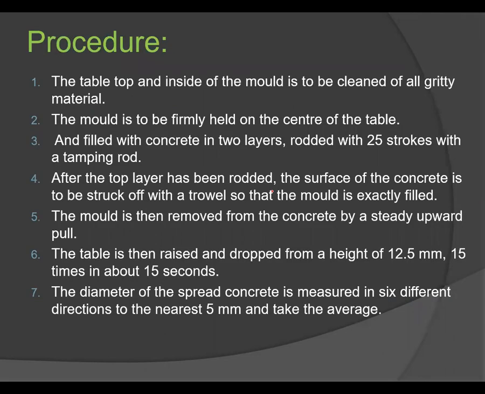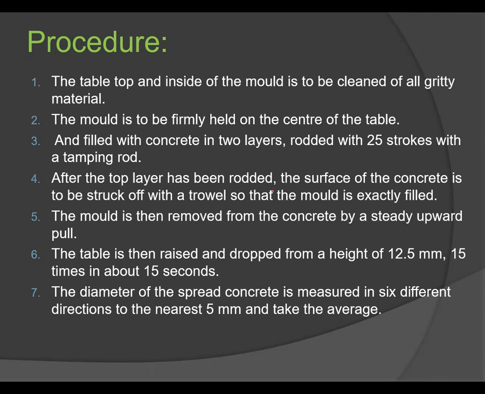Next, let's see the procedure to find out the workability of concrete. Before starting the test, the tabletop and inside of the mold are to be wetted and cleaned of all gritty material, and the excess water is to be removed with a rubber squeezer.